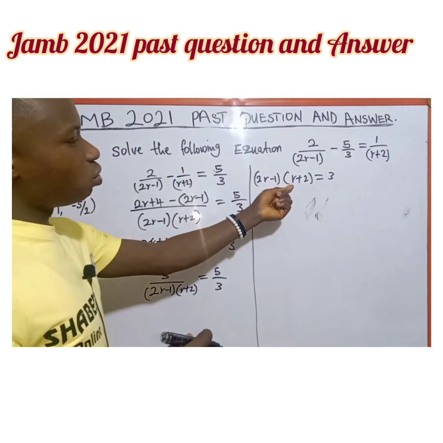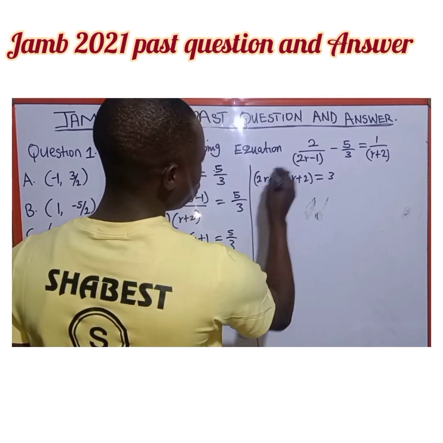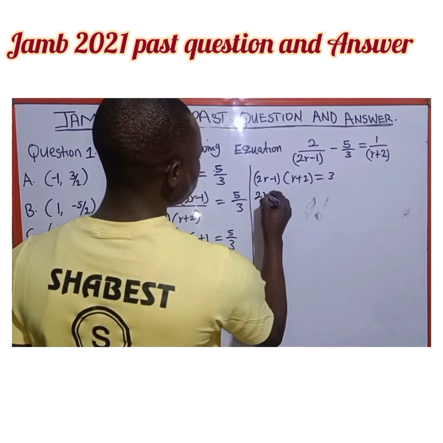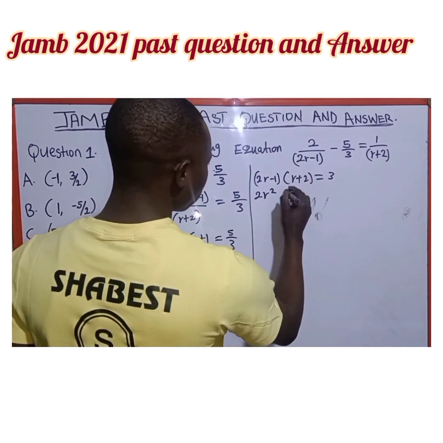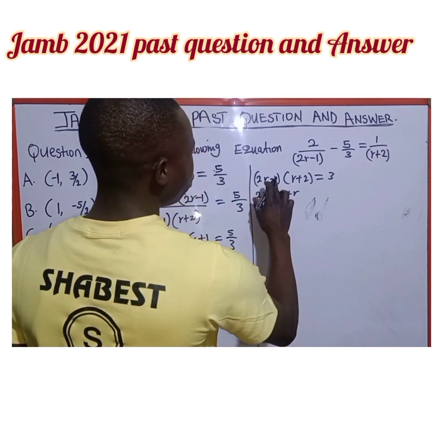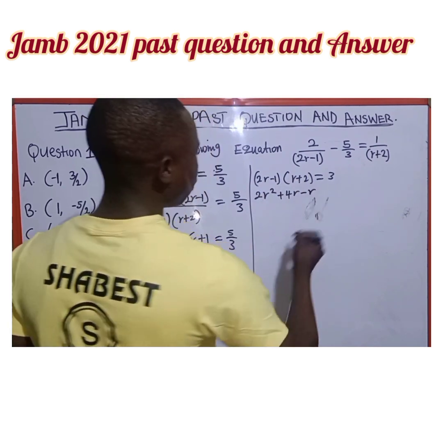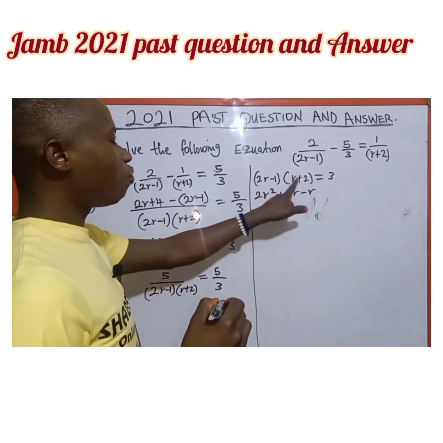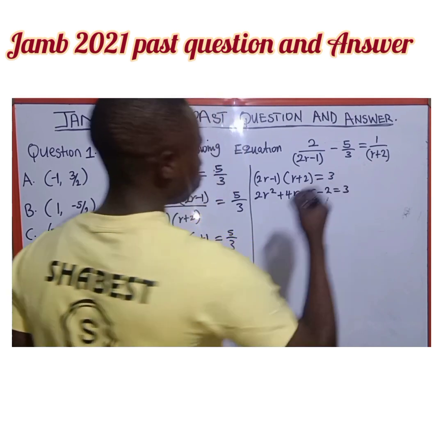The next thing we are going to do is to expand this bracket. So 2r multiplied by r gives me 2r squared. Then 2r multiplied by 2 gives me positive 4r. Then negative 1 multiplied by r gives me negative r, which is 1r. Then negative 1 multiplied by 2 gives me negative 2, which is equal to 3.